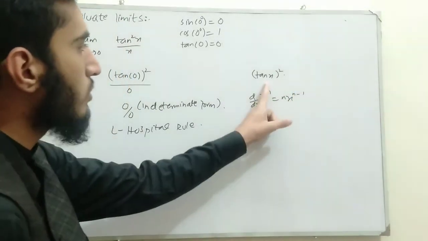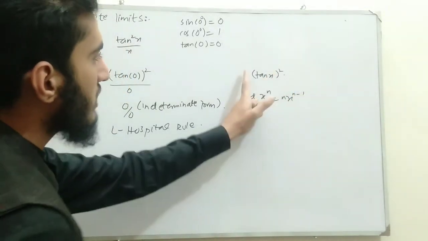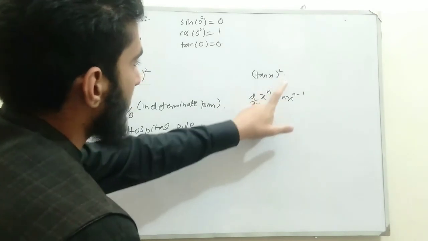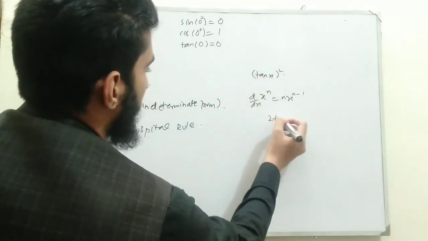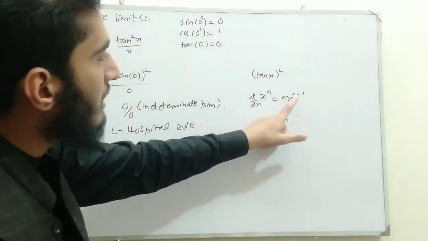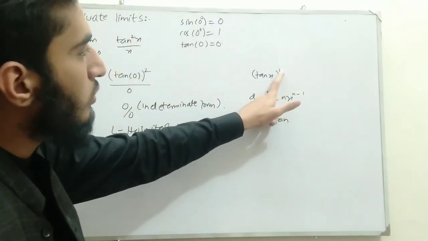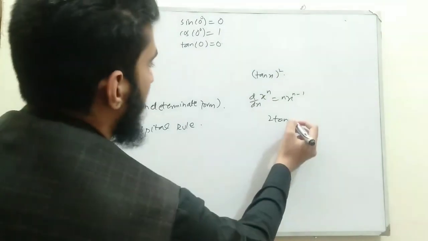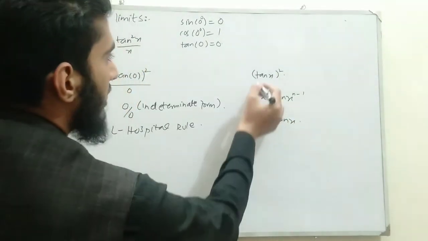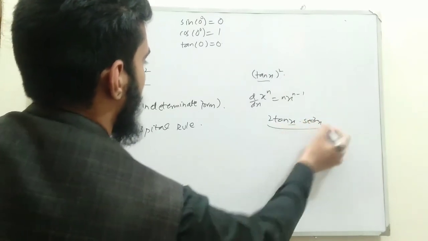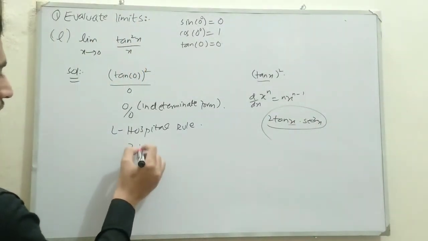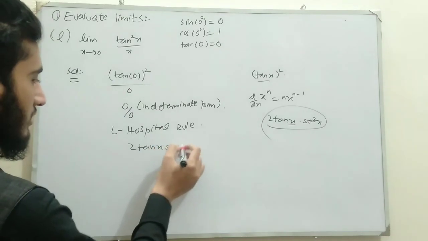Using the same generalized rule over here, 2 will come to the front, so it becomes 2 times tangent x. In the power we will subtract 1, so subtracting 1 from 2 it becomes 1, so 2 times tangent x, multiplying the derivative of this inner function. The derivative of tangent x is secant square x, so the whole derivative is 2 tangent x secant square x.